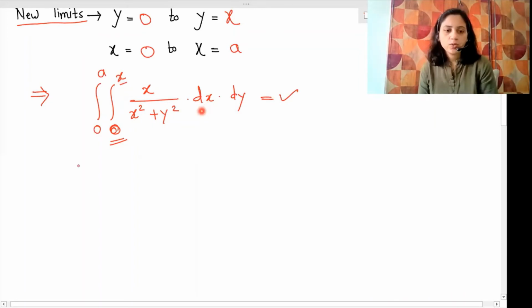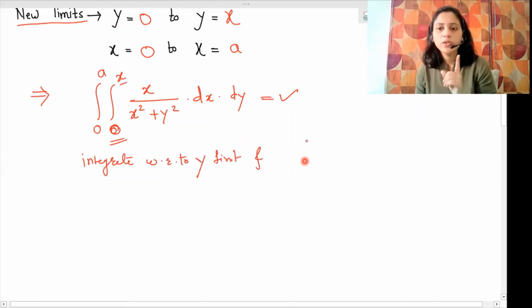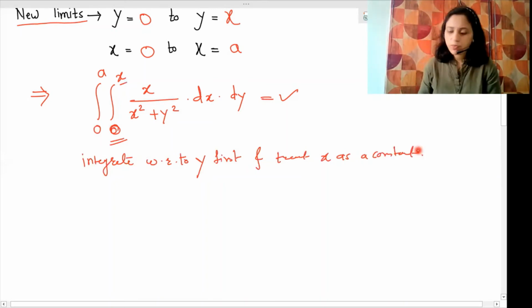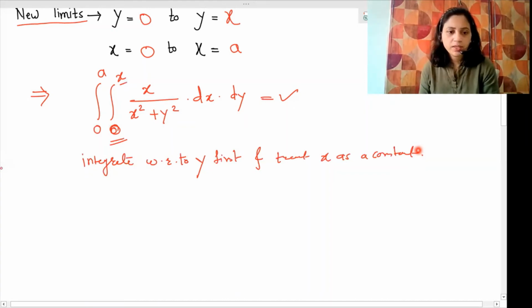So I should mention that integrate with respect to y first, and at the same time we need to treat x as a constant. These type of examples we have studied in the last session, so the rest of the part is so simple.